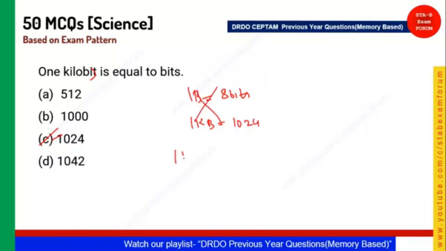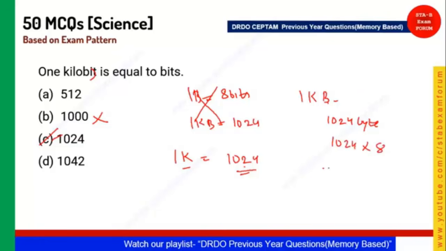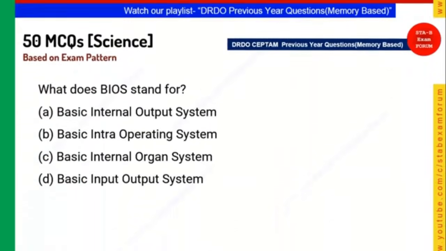So 1 kilo in computers stands for 1024. Whenever you see 1 kilo, it means 1024, not 1000. If I ask you 1 KB, what does this mean? 1024. B is byte, so it will be bytes. So if I ask how many bits, it is 1024 and 1 byte is equal to 8 bits, so this will be the answer. Let's see the next question.